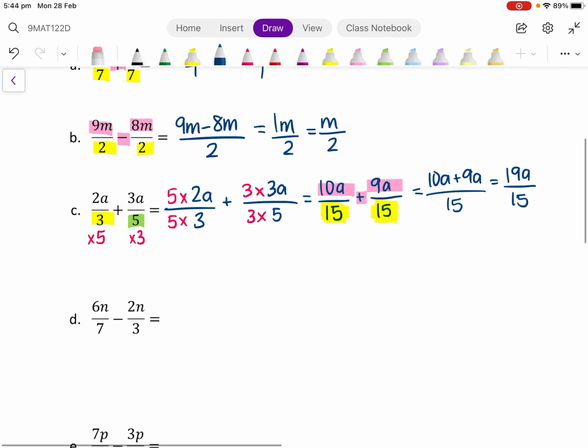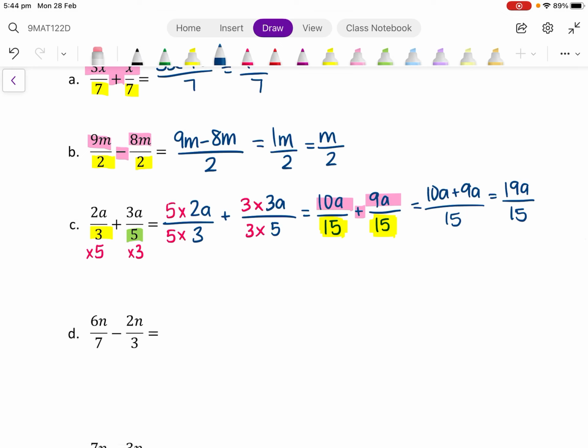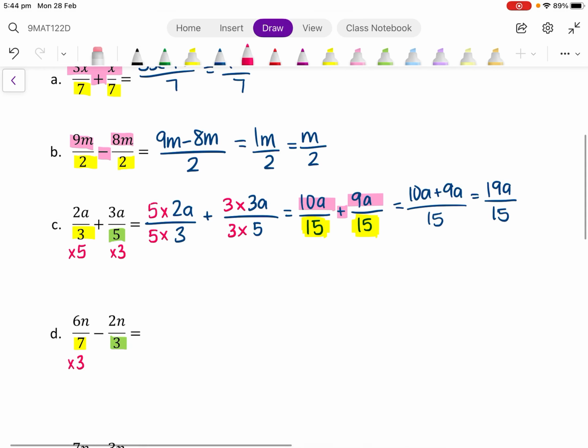Moving on to example D, we have 6n on 7 minus 2n on 3. What we want to do is check whether our denominators are the same, and they are currently not the same. To make them the same, we multiply the first fraction by the opposite denominator of 3, and then we multiply the second fraction by the opposite denominator of 7.